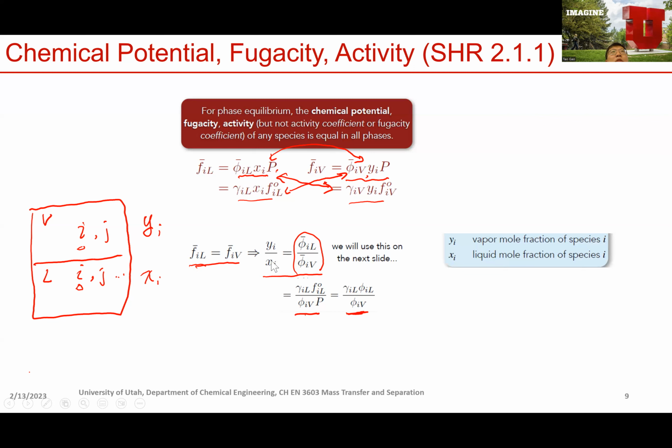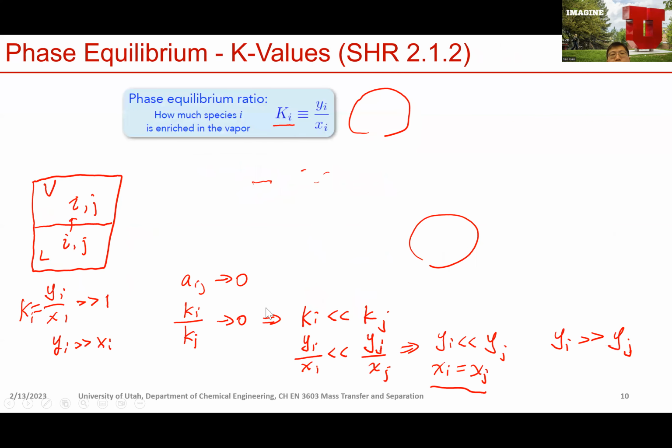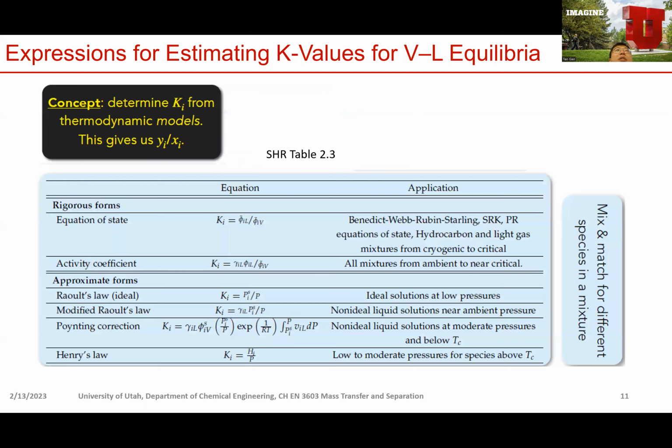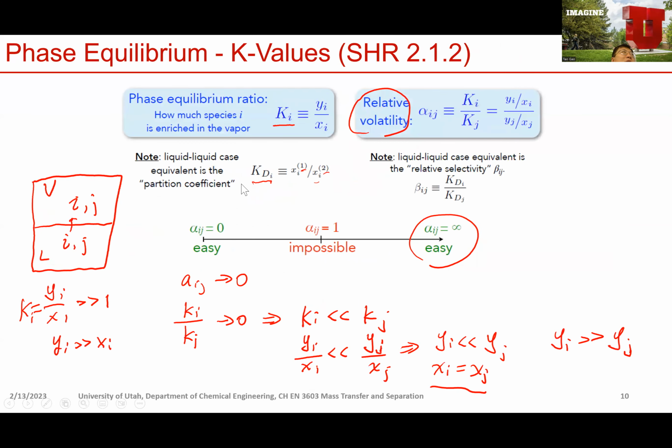We can relate this ratio to the fugacity coefficient as well as activity, right? And this ratio is a very important parameter, which is called the K-value.